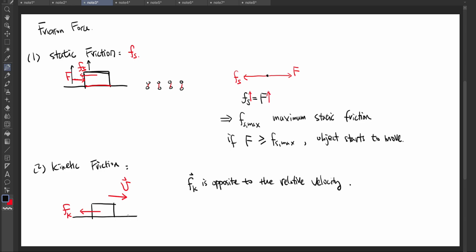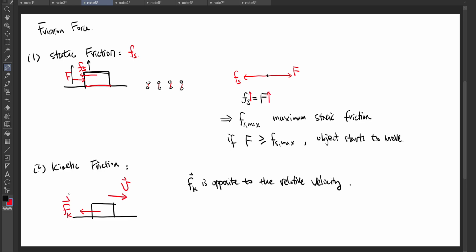Now, of course, the friction force is also an interaction between two objects, right? In this case, it's this moving object and the surface. So there must also be a force acting on the surface as a reaction. Again, we'll talk about this in Newton's third law, but right now I just want to make the point that the relative velocity direction is opposite to the friction force direction.